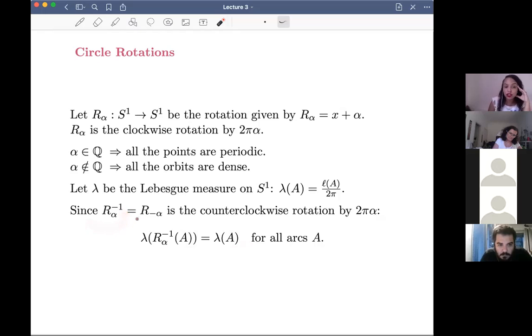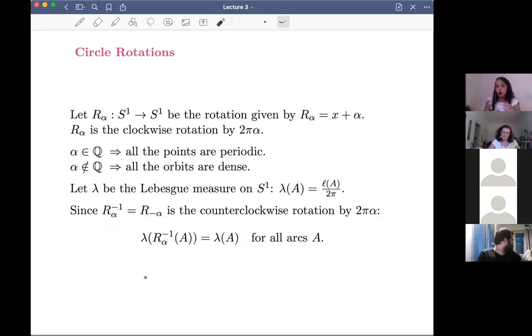But the preimage of a rotation is another rotation. You are rotating clockwise, and the preimage is going to be the negative rotation, which is really the counterclockwise rotation. So the preimage is another rotation.